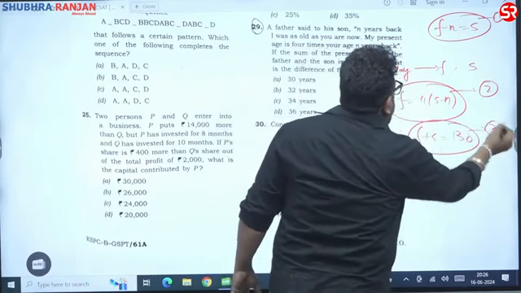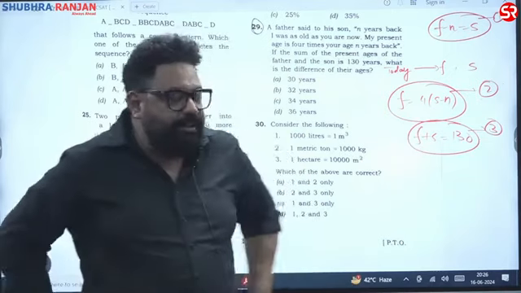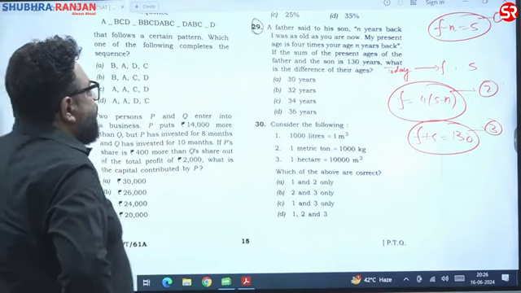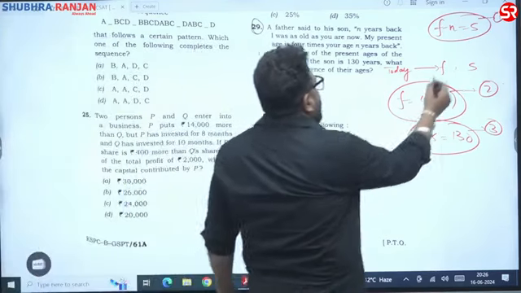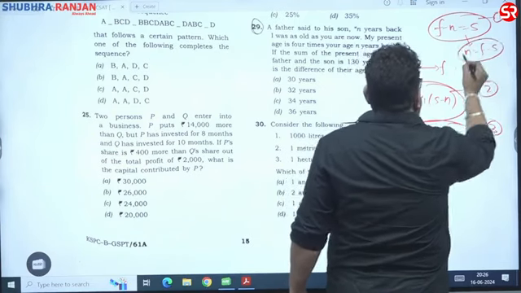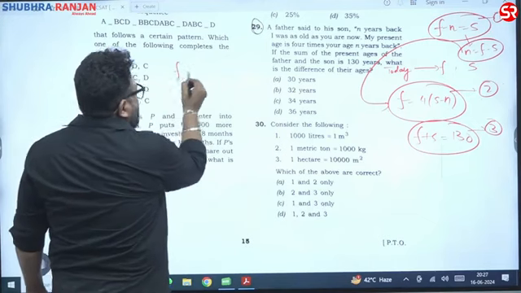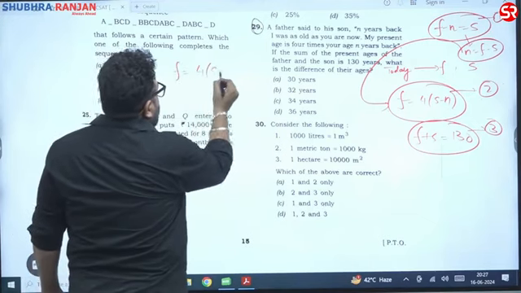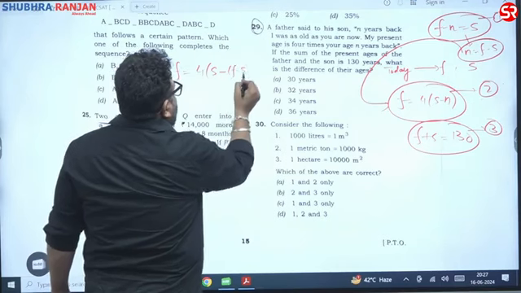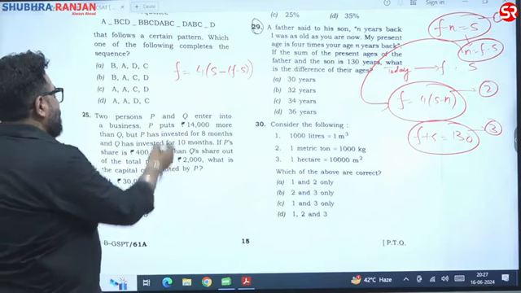So they believe in equations. I've been saying this for a very, very long time. We have done equations as a chapter. They believe in equations, right? So all you needed to do was from here, this N comes out to be F minus S. Put this over here. So your F is 4 times S minus F minus S, and this is all you needed to do. So N was removed, isn't it?